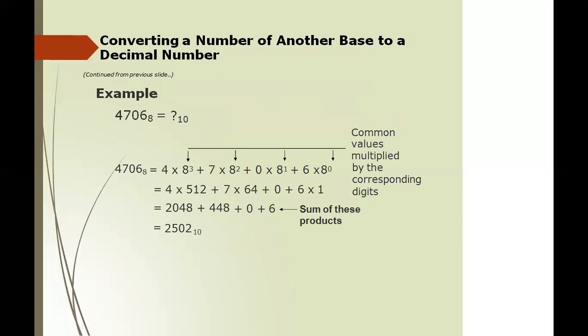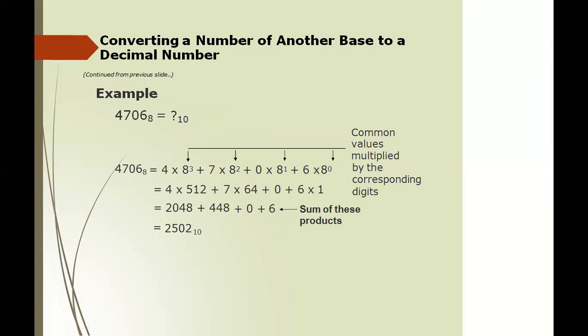For example, previously we converted such a value. Here 4, 7, 0, and 6 are the digits, and we want to convert this value to the decimal number system, and it's an octal value.